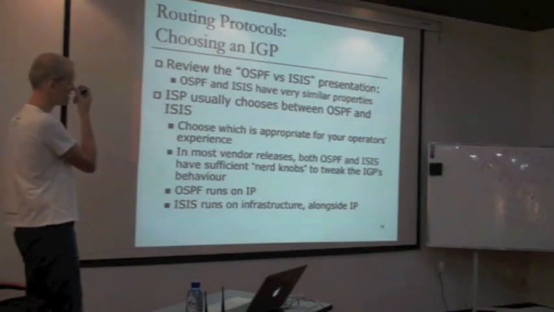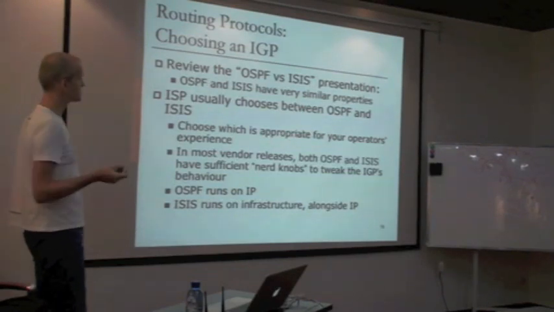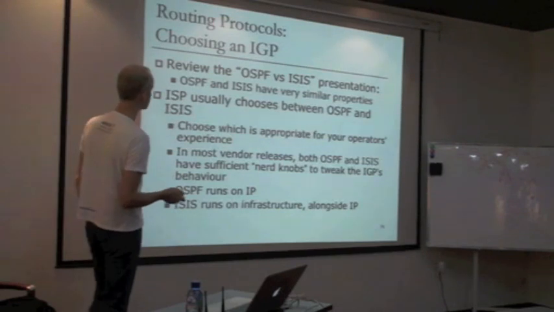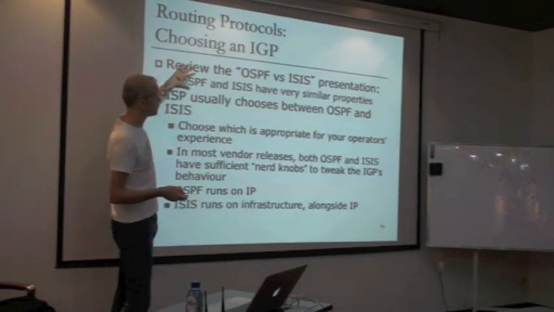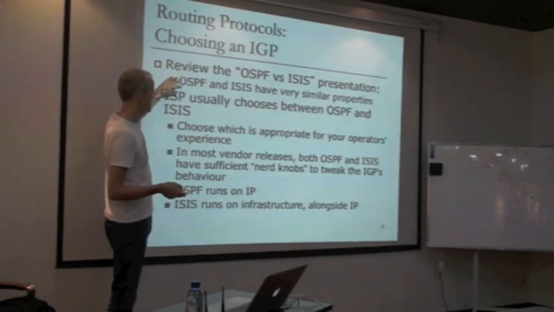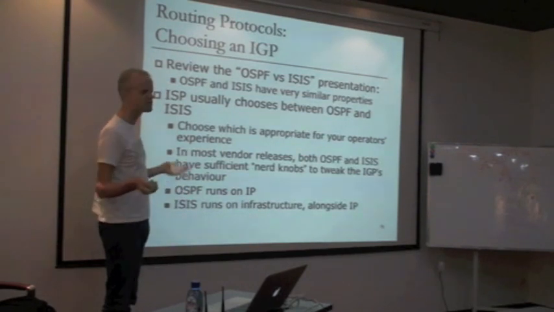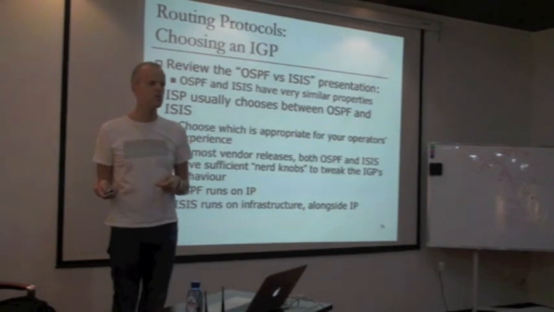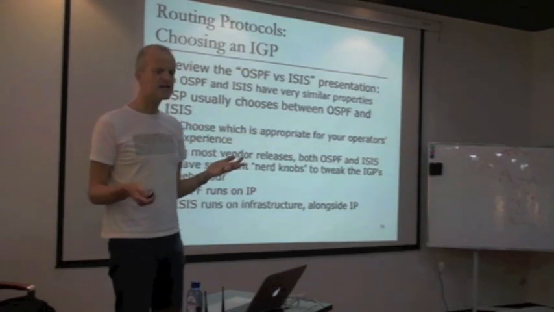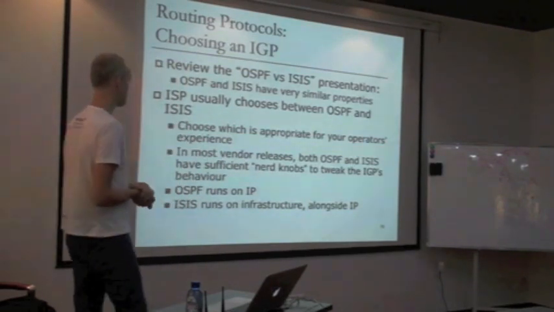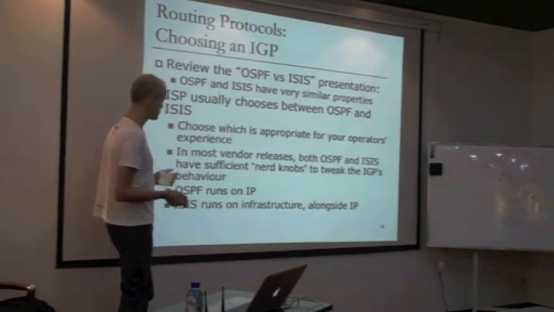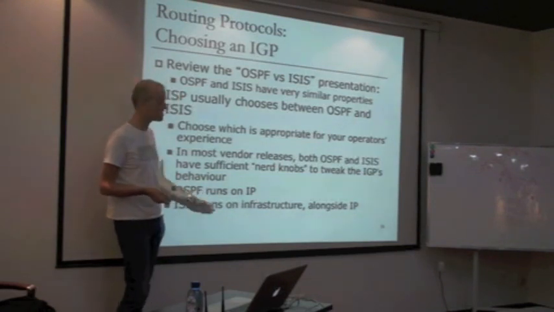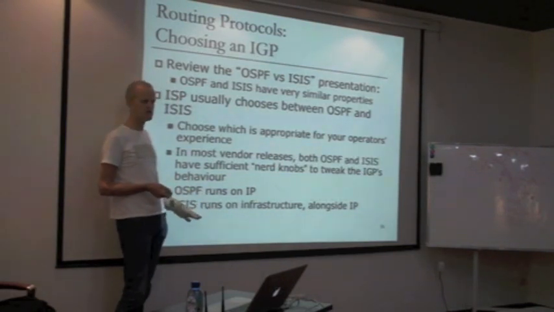Okay, so choosing an IGP. I've given you slides comparing OSPF and ISIS. Pick one that works for you. I won't really recommend. We did ISIS in the workshop. As you'll see, it's actually quite easy. It's more secure than OSPF because it runs on the infrastructure.